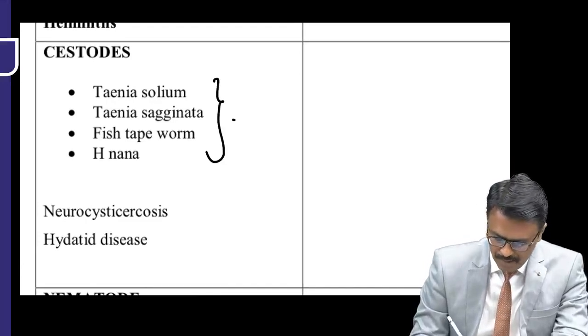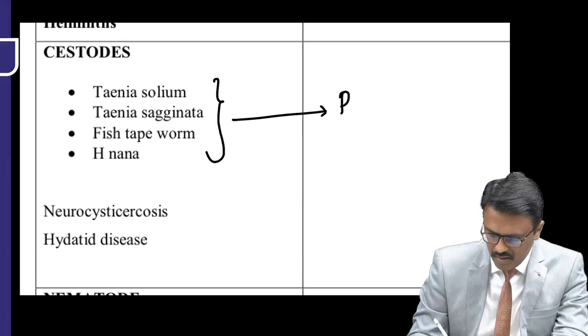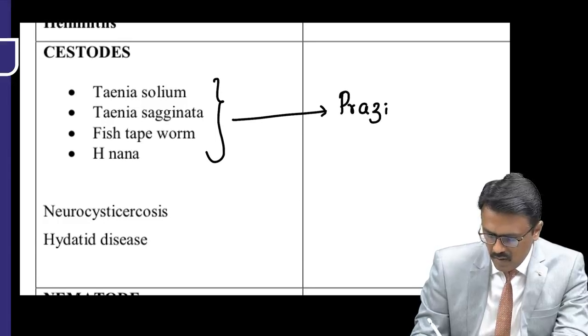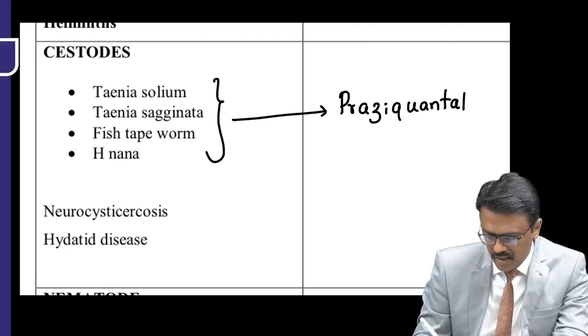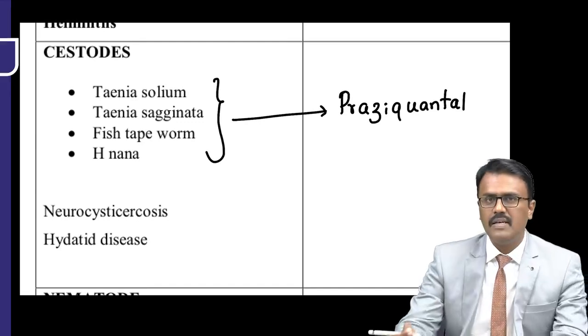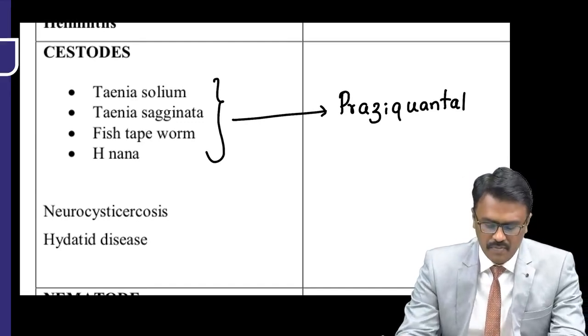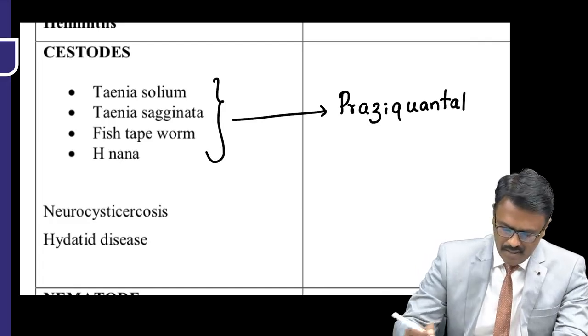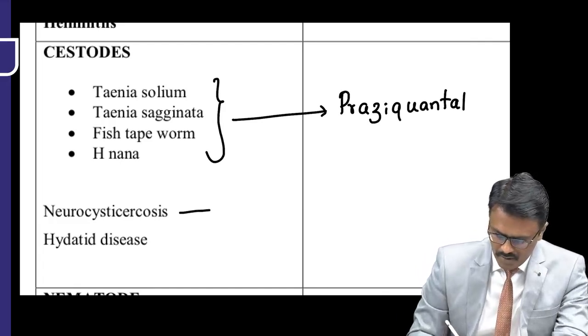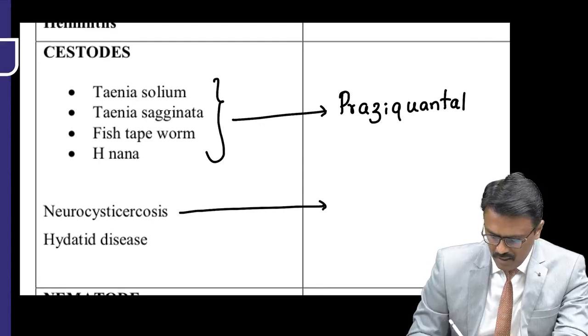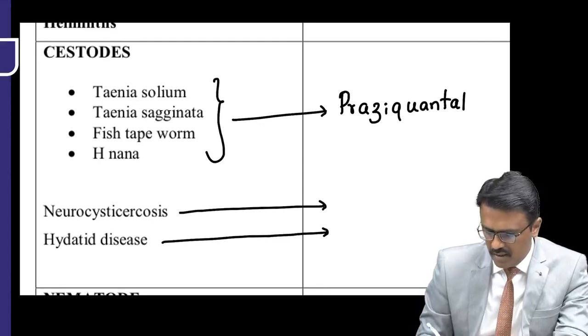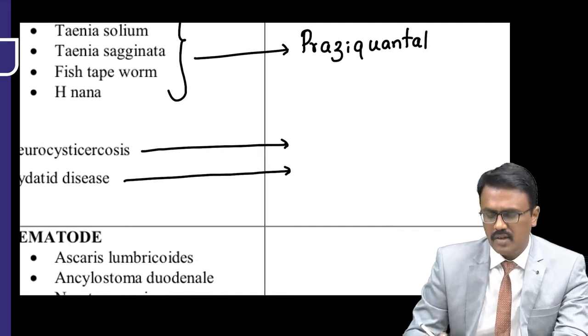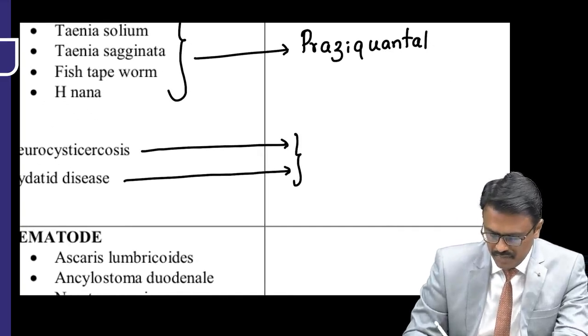For all these, the best drug of choice is praziquantel. Its name is praziquantel, and where to use it? Taenia solium, Taenia saginata, fish tapeworm, and Echinococcus. Now, in the management of neurocysticercosis and hydatid disease, what is better than praziquantel is albendazole.